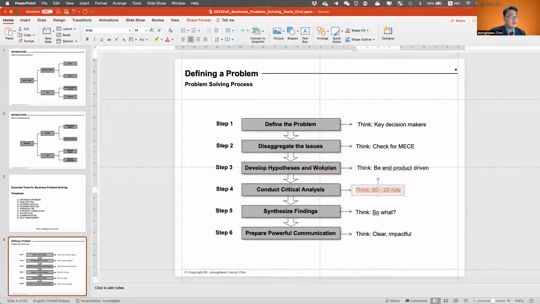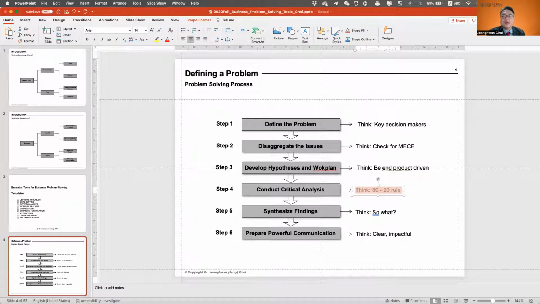Would you mind explaining collectively exhaustive again? Collectively exhaustive means when we collect all issues, the sum of the issues must cover the whole problem.